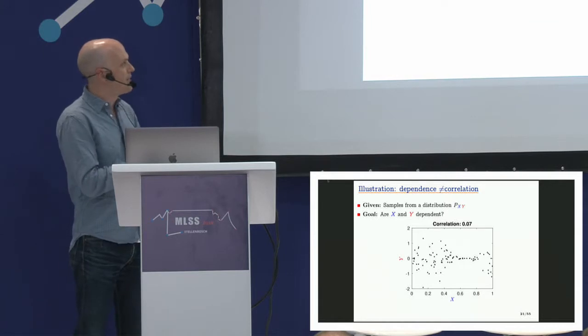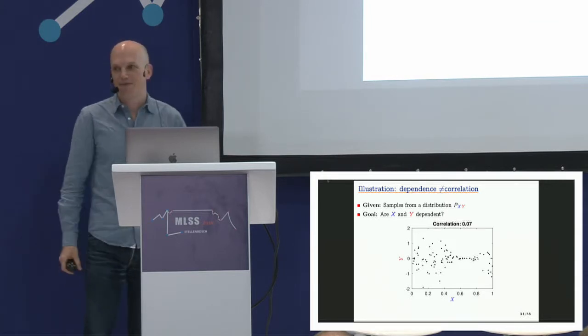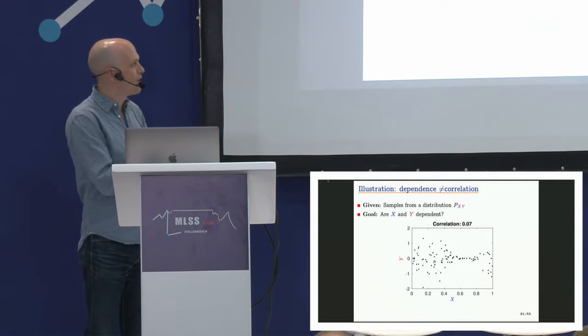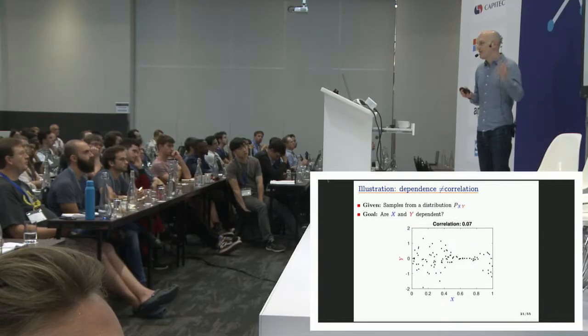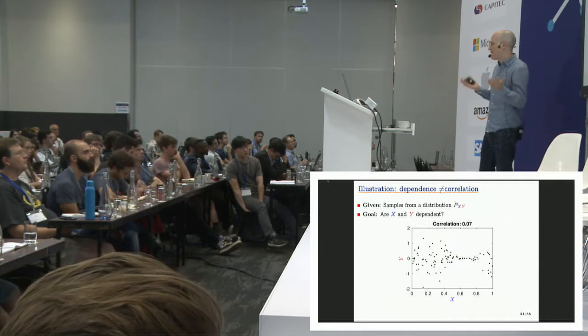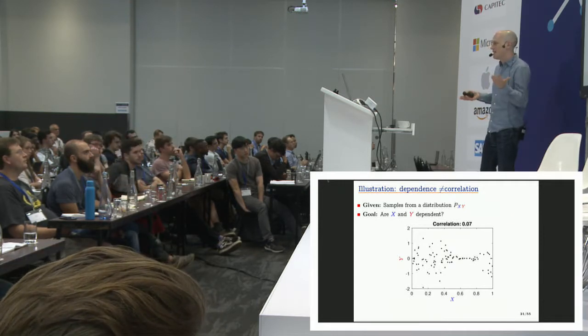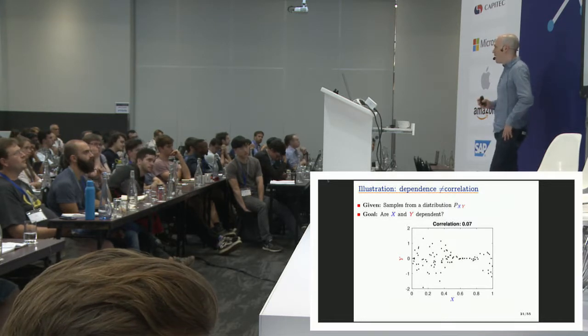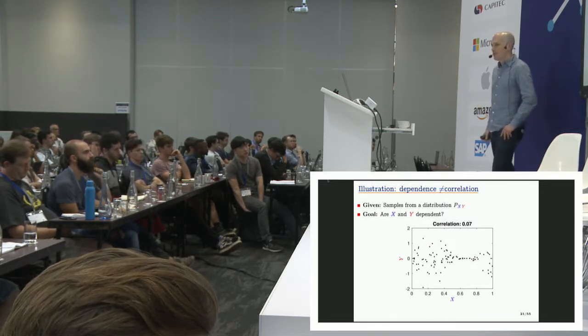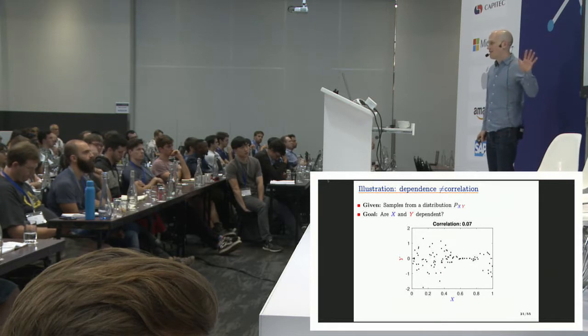They're dependent because the variance of y depends on where x is. So in the middle of the plot at around 0.6, the variance is tiny, it's collapsed. At the edges of the plot, it's bigger. Obviously, where x is tells me how big my variance is, and yet the correlation is 0. So if I just blindly run my statistical test of correlation, I'm going to conclude that there's no dependence, even though the dependence is really strong. So I've missed this, and that's a problem.